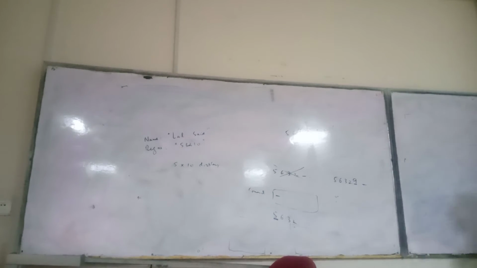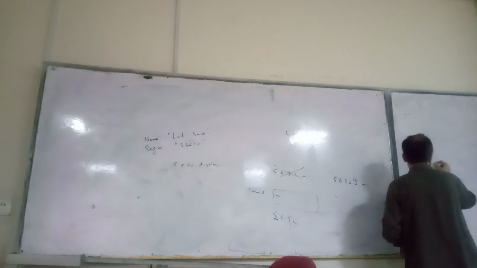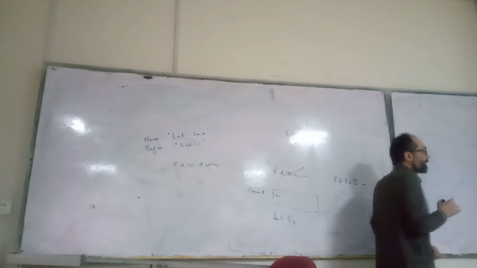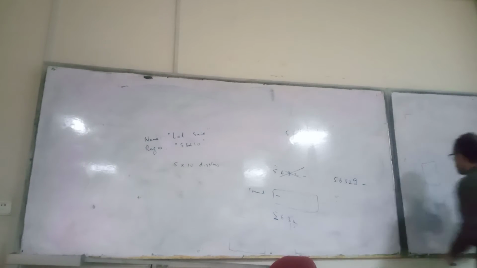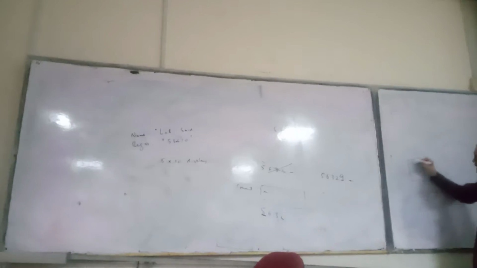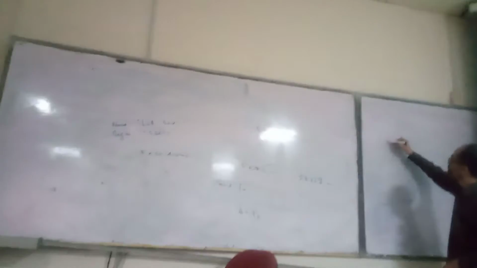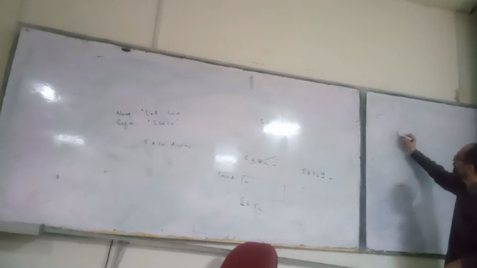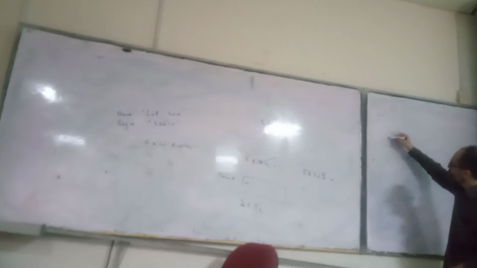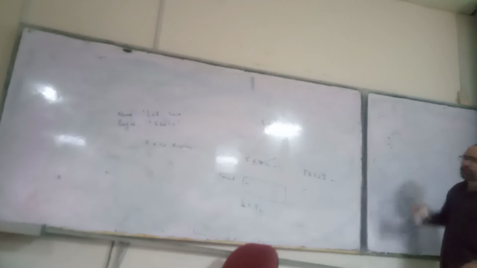So in 5 cross 10, one digit will be displayed in pixels: 5 pixels in this direction and 10 pixels in this direction.